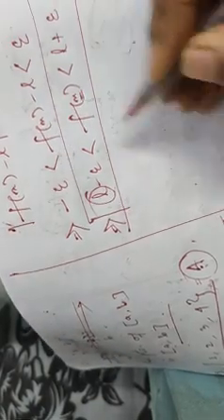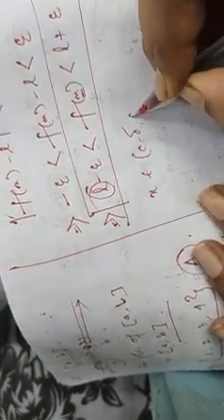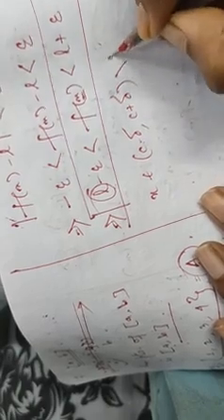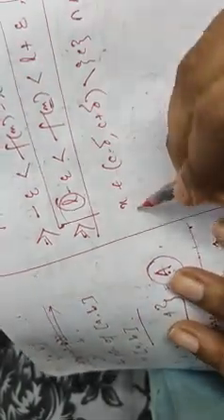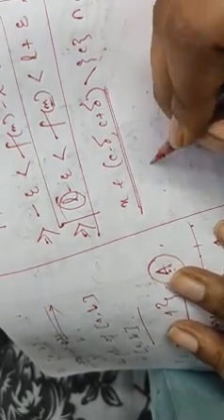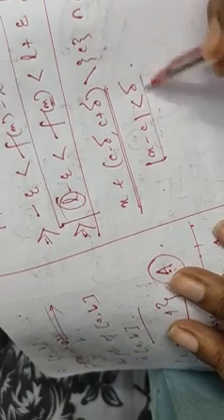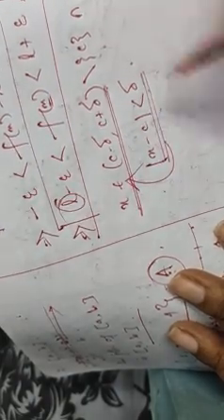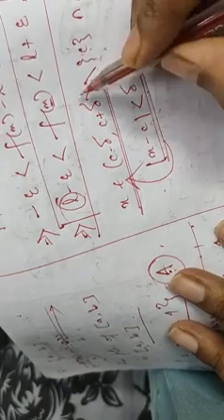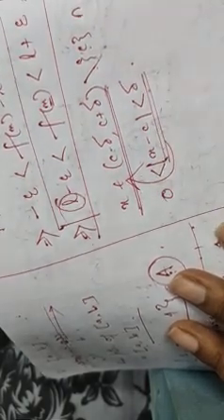And where does this x belong? This x belongs to (C minus delta, C plus delta) minus {C}, intersection A. That means from this range we can write modulus of x minus C less than delta, and since there is no C, the difference of C, this should be greater than 0.